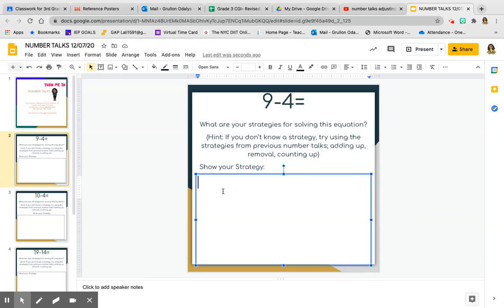And now I'm going to explain to you how it is that we use this strategy of making or adjusting one number to create an easier problem. So I'm going to start with my 9 minus 4.